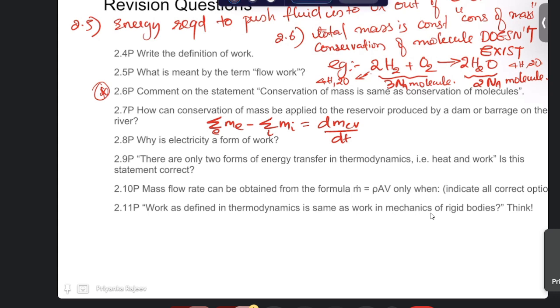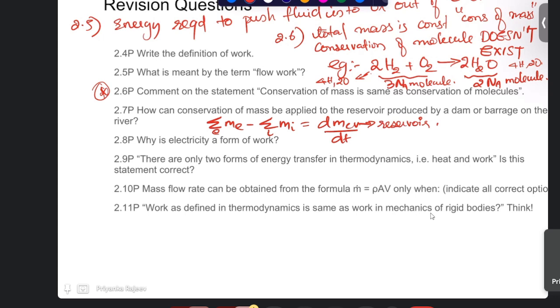The mass flowing into the system is going to change the mass in the control volume, which here is the reservoir, that is, the amount of water in the reservoir. This is how you can apply the conservation of mass equation to a real world problem.